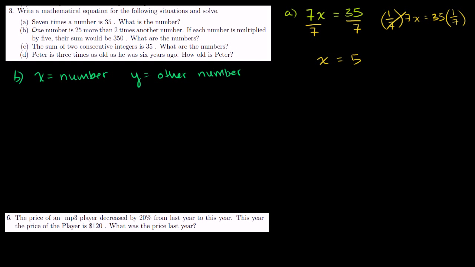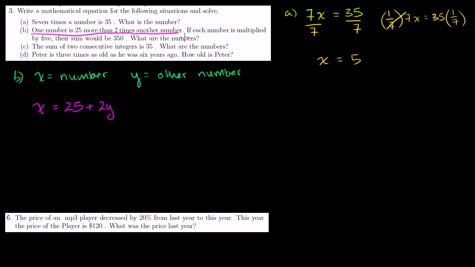So one number, let's say x, is equal to 25 more than 2 times another number. Well, y is the other number. So 2 times our other number. That's what I got out of this first line. One number is 25 more than 2 times another number. Or 2 times another number plus 25 is going to be equal to my first number.